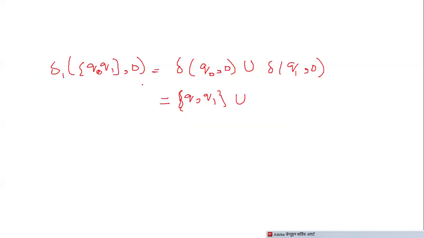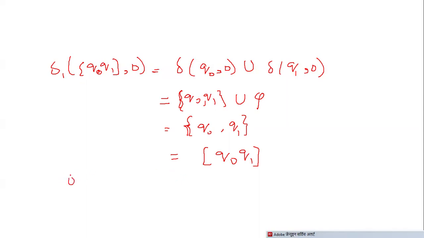And here q1 comma 0 is pi, which gives q naught comma q1. So this should be written as q naught q1. Eliminate the comma, so it should be represented within a square bracket, q naught q1.